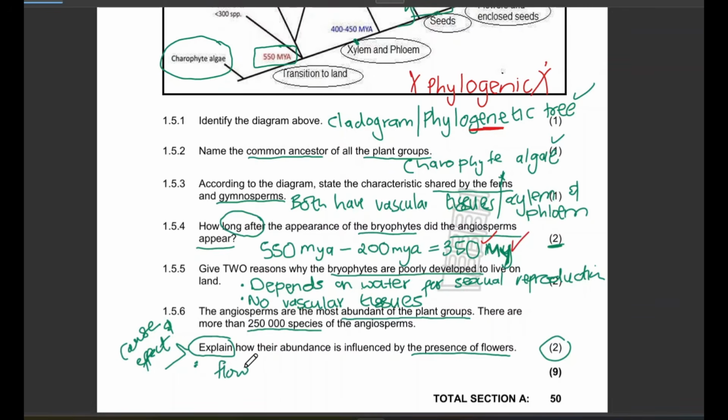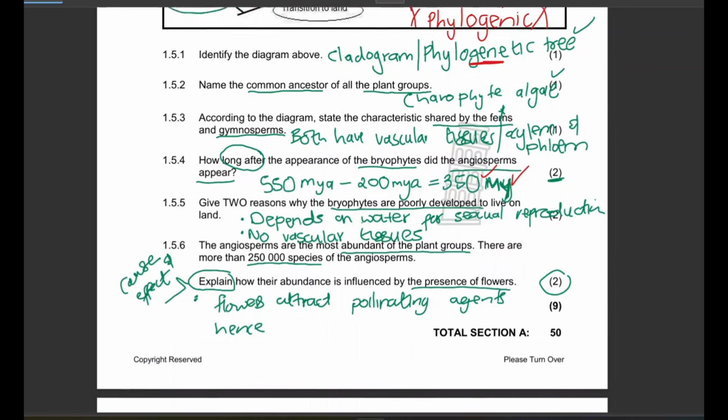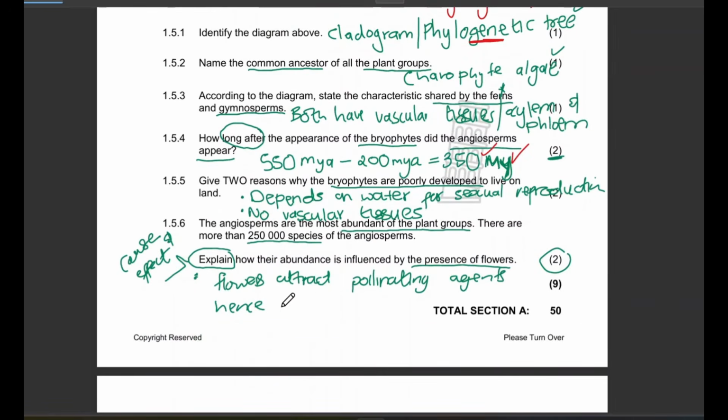So flowers attract pollinating agents or pollinators, hence increased chances of fertilization.